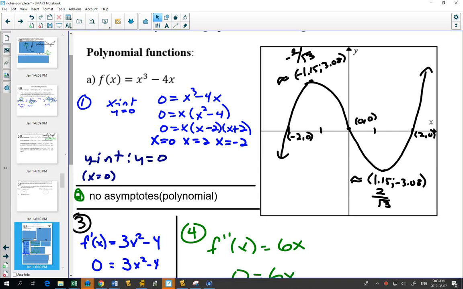So what have we labeled? We have all of our x-intercepts labeled first. That would be the very first thing you would label because you did that in step 1. Okay? In step 2, no asymptote. Step 3, you would have found the maximum and the minimum, and you would know where it's increasing, decreasing, increasing. Step 4, you would know that 0, 0 is an inflection point, so you can see that it changes from concave down to concave up.